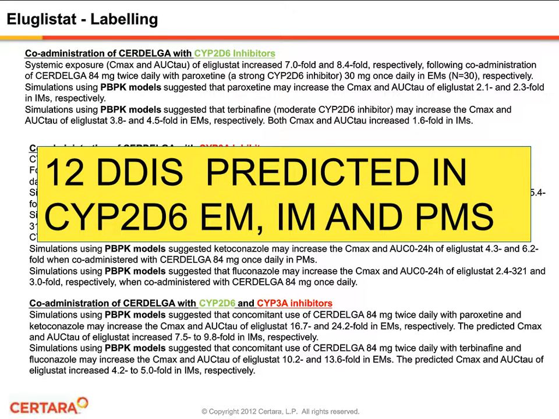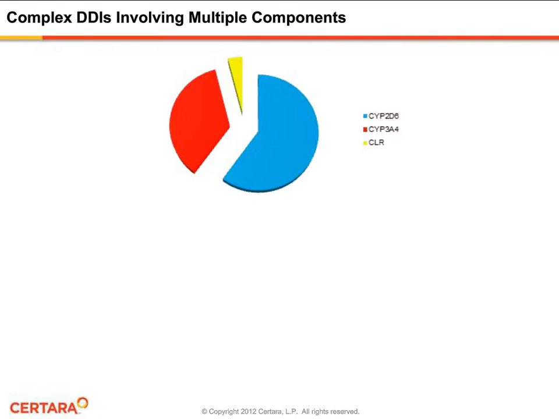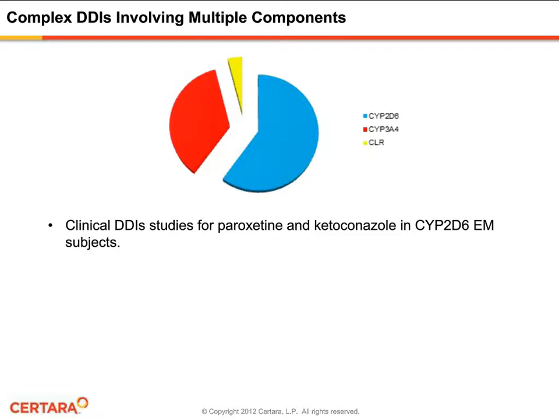Now, if we go on and consider this, what information would we actually need to get to that stage? If you think about this drug, it's mainly metabolized by CYP2D6, also 3A4, and there may be a minor renal clearance component. It was indicated in the review and labeled that there were clinical DDI studies for paroxetine and ketoconazole in CYP2D6 EM subjects.